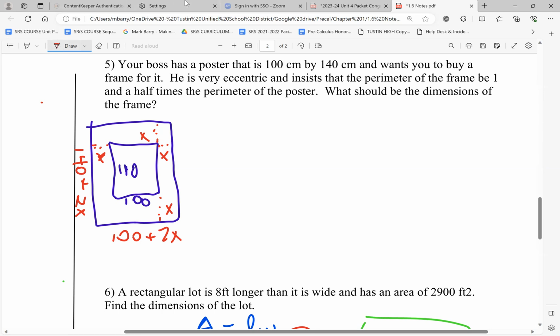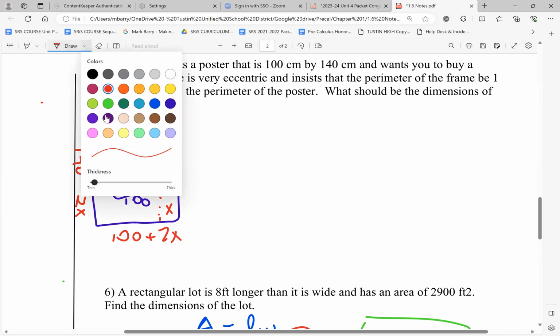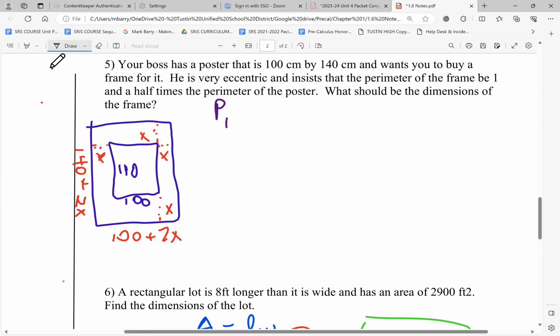Now, this one's asking about perimeter. So they say they want the perimeter of the frame to be 1.5 times the perimeter of the poster. Now, I can actually find the perimeter of the poster right now. So why don't I go ahead and do that? I'm going to label this P sub poster, the perimeter of the poster. And we're going to use that formula we just learned on the last one, perimeter is 2L plus 2W.